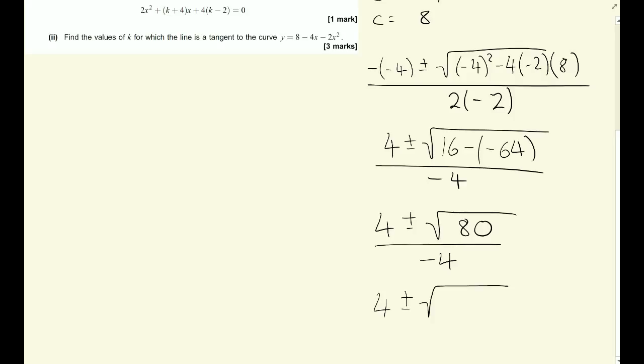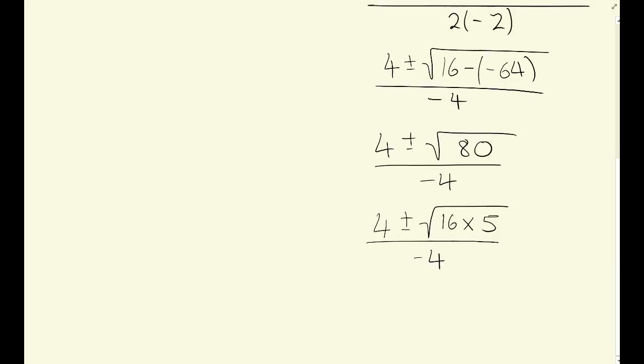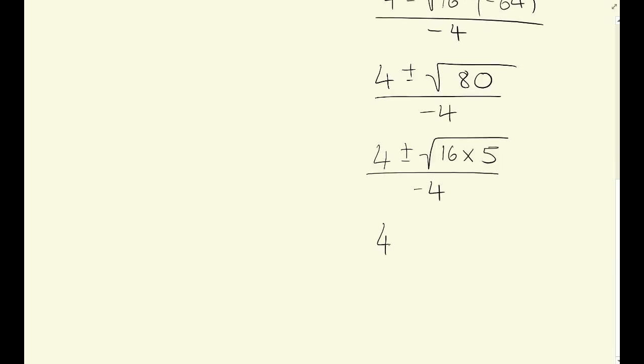Now it helps when you know where you're going with this question, but if we can write this as 16 times 5 to make 80, we're then going to be able to simplify the surd to 4 plus or minus root 16, which is 4, times by root 5 divided by minus 4.